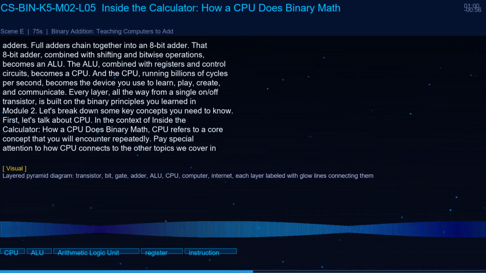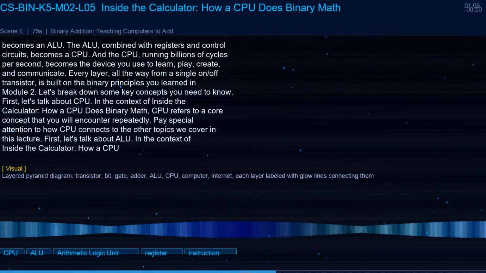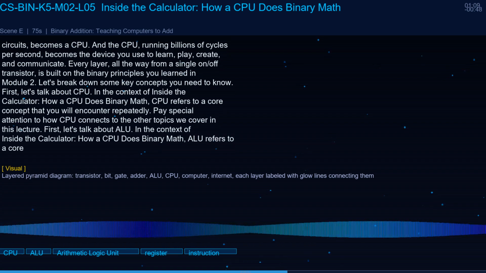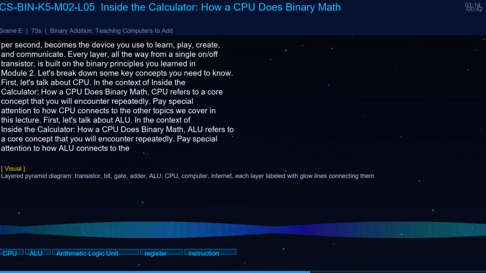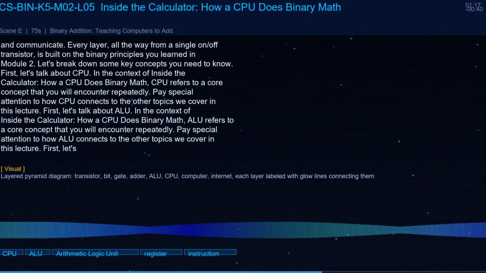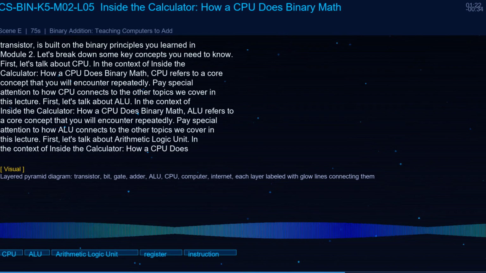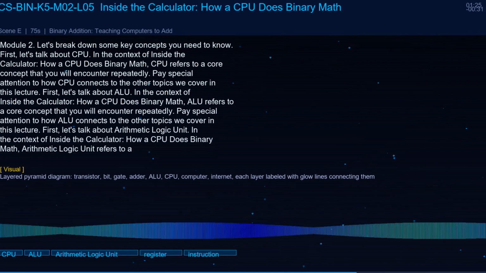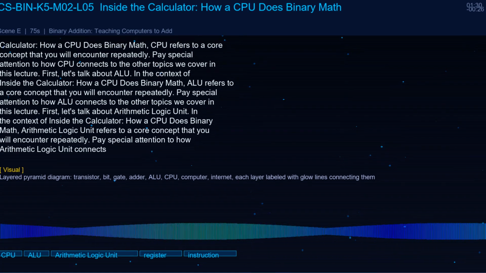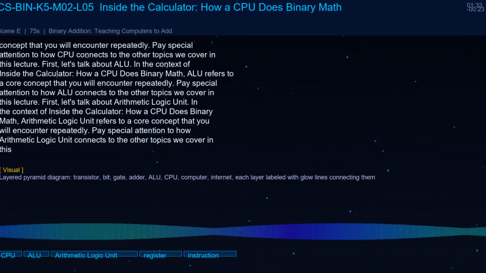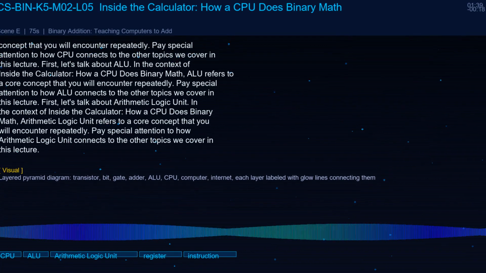Let's break down some key concepts you need to know. First, let's talk about CPU, ALU, and arithmetic logic unit.